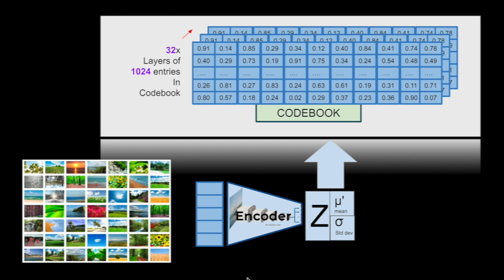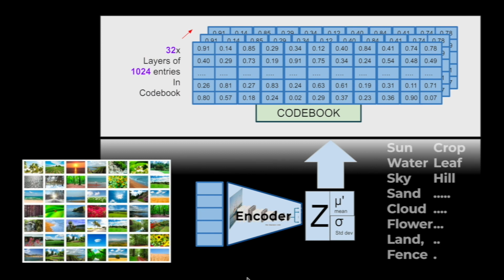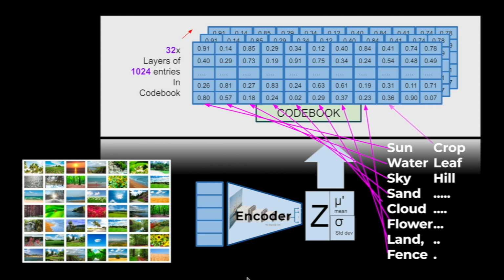So based on the given image in our example, as shown on this screen, we can store features like sun, water, sky, sand, cloud, flower, land, fence, crop, leaf, hill, etc.